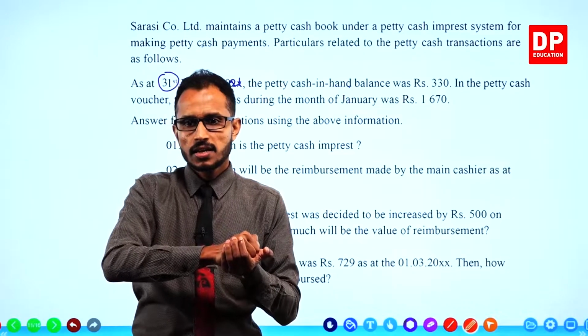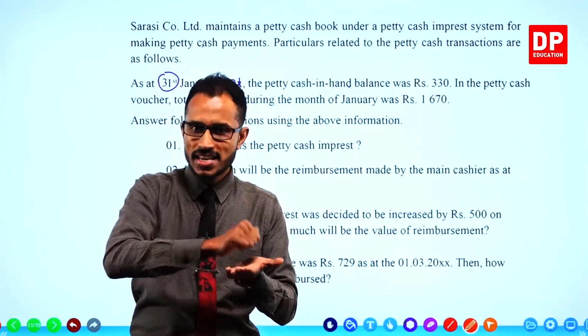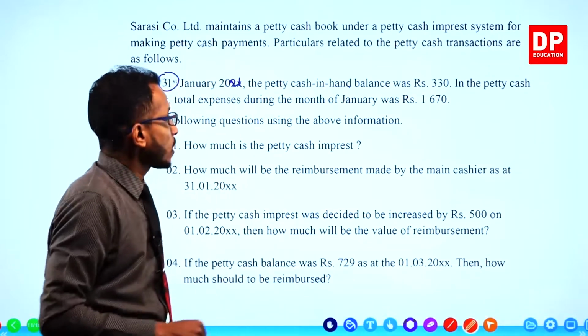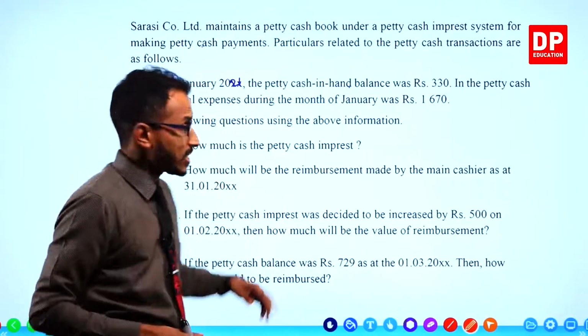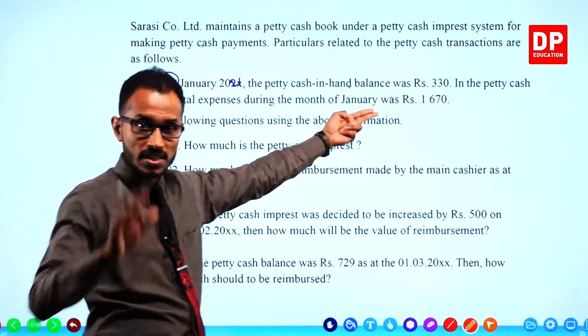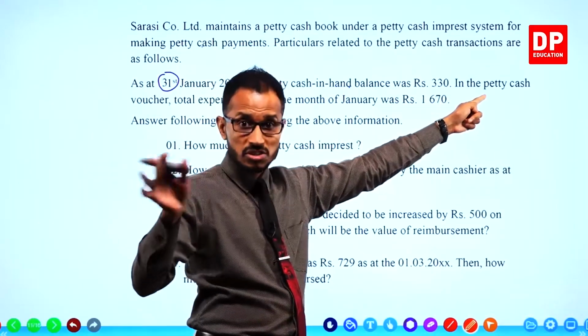You get it? 330 cash was remaining at the petty cashier's hand. That is the petty cash balance as at the end of the month. 330 was remaining, which was not spent.